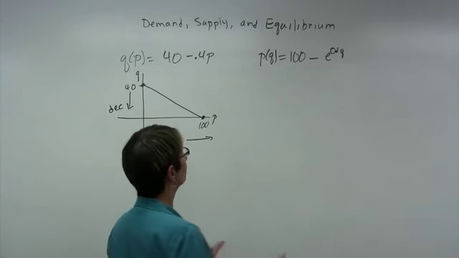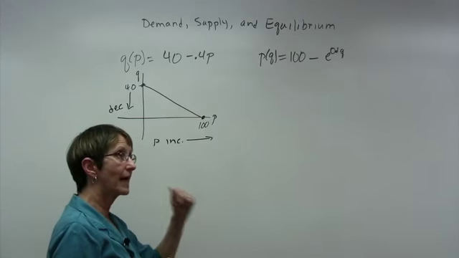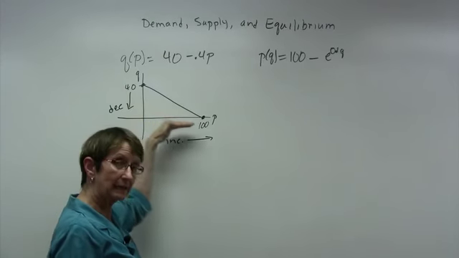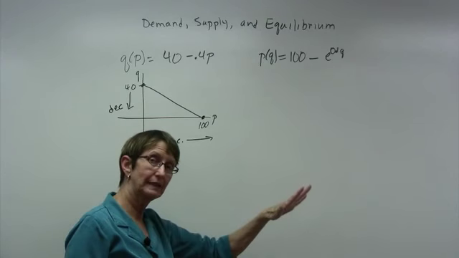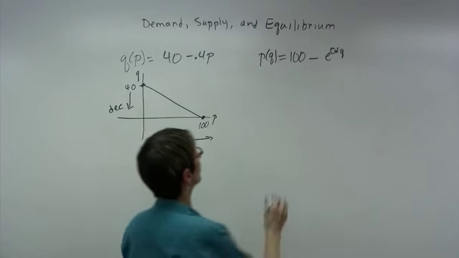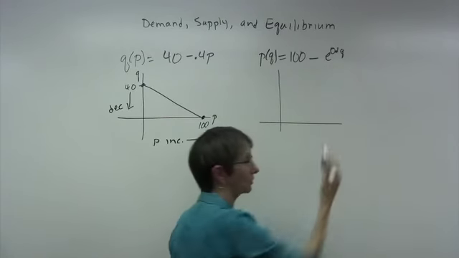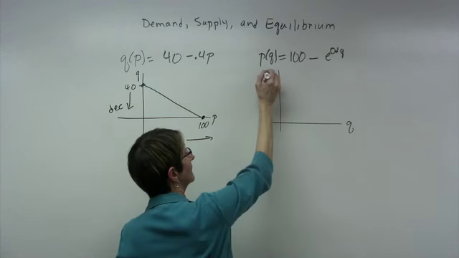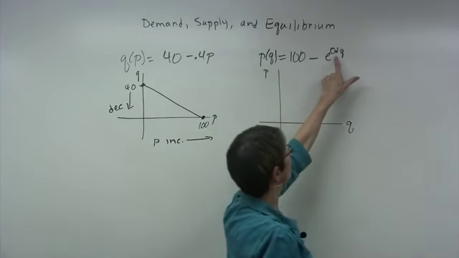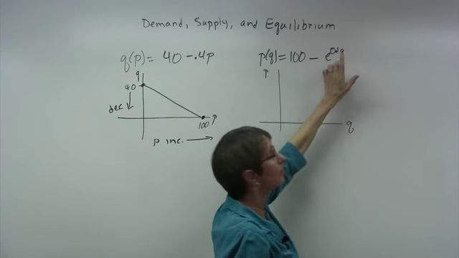I know that looks like a messy function, but let's see if we can put in a couple of points and get an idea of what it looks like. If you remember from exponential functions, like linear, they either decrease or they increase. So let's see what this one looks like. I'll start with Q equal to 0. Q is the input on the horizontal axis. P is the output. If Q is equal to 0, 0 times 0.1 is 0.